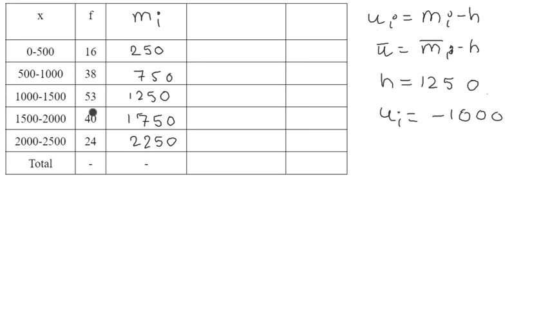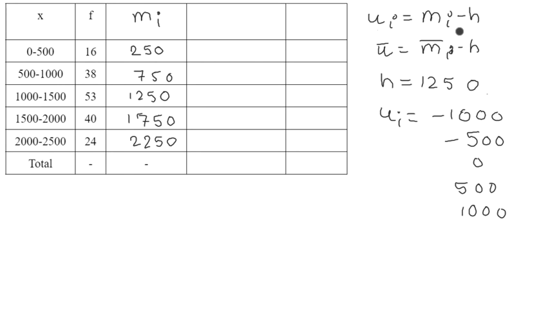So what will be the next value? Then minus 500, next is 0, then 500, then next is 1000. If you see this column of ui, you can still further minimize the numbers by dividing by some constant. It means here we are going to apply the change of scale.